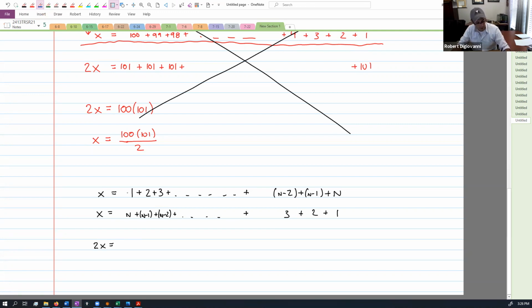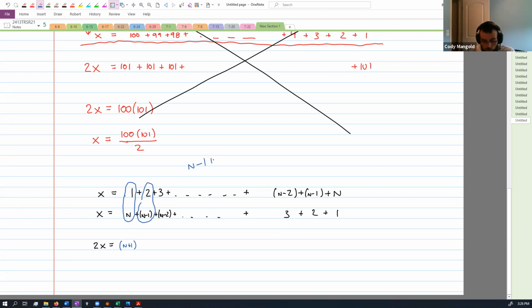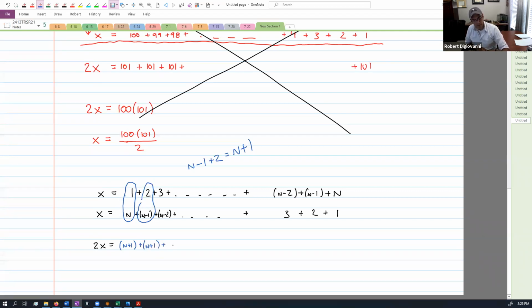And then here's the cool part. This and this together is what? n plus 1. And then what would these two together be? n plus 1 as well. Minus 1 plus 2 would be n plus 1 again, wouldn't it? So it's going to add another n plus 1. And that's going to continue to happen the whole way down until you get to the very end.